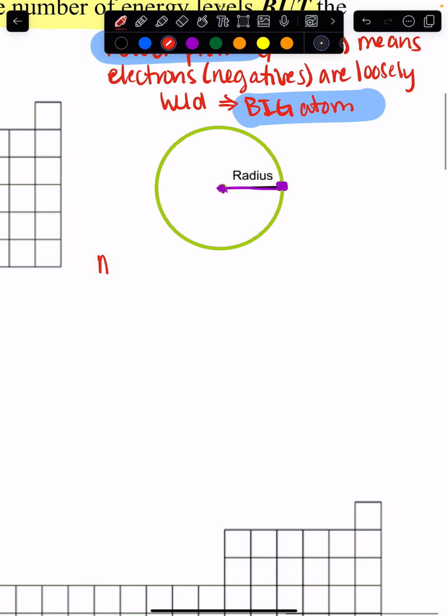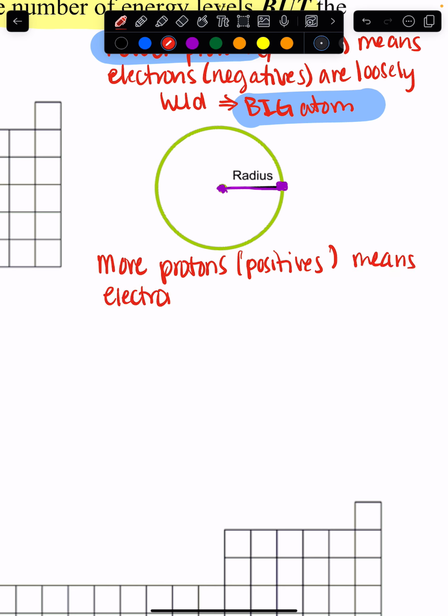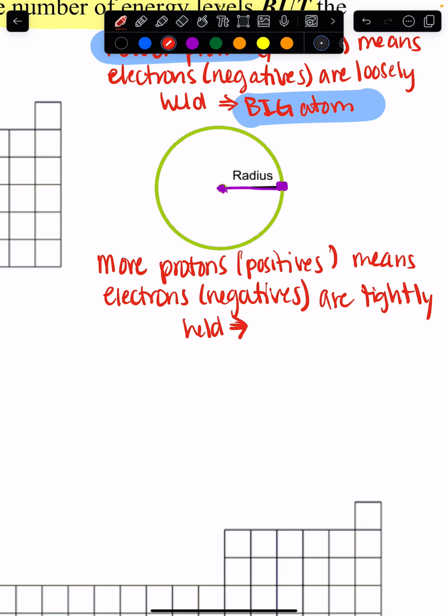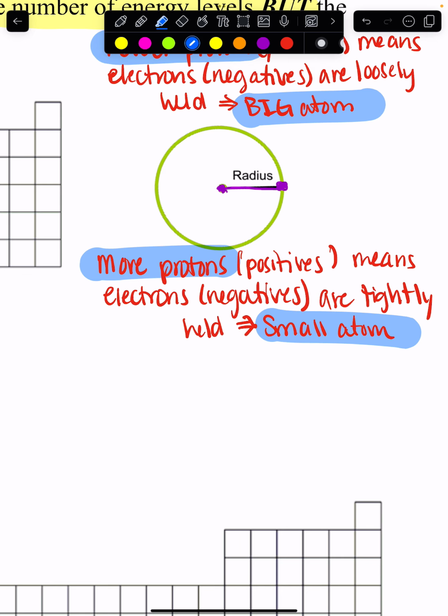Whereas if I have more protons, which again are those positives in my nucleus, it means my electrons, which are your negatives, are tightly held. So that gives me a small atom. So more protons, small atom.